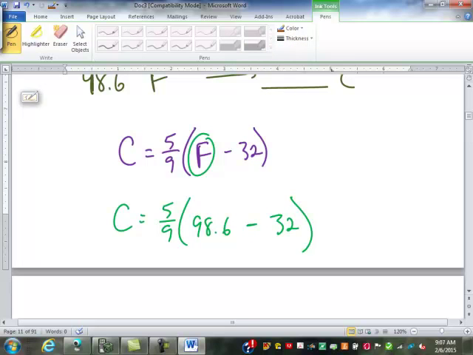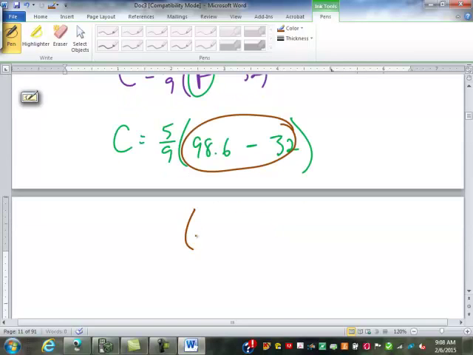What's the first thing I have to do now to reduce this? There you go. There's all numbers here, so I can actually do what's in the parentheses now. 98.6 minus 32 is 66.6.